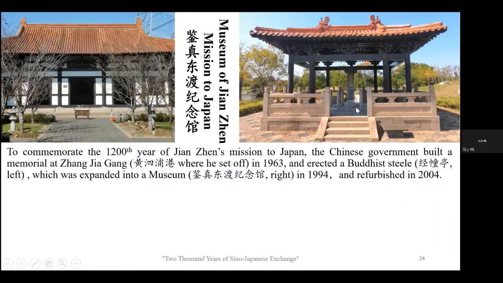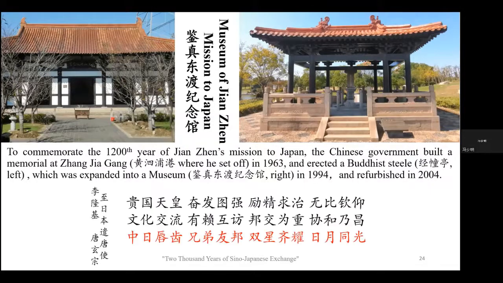And this has since expanded into a museum, which is the Jianzhen Dongdu Jinianguan, which I actually had a chance to visit last year and was refurbished in 2004. Over there, there are many scripts and things to see, but I mentioned here this was written by Tang Xuanzong to the Japanese envoys.